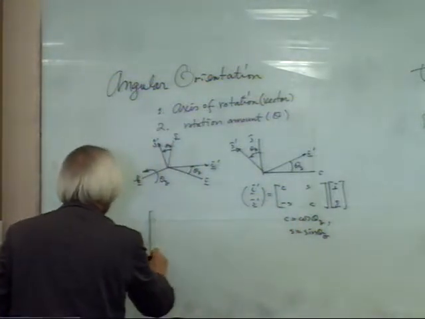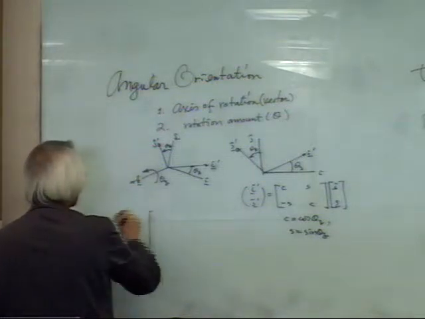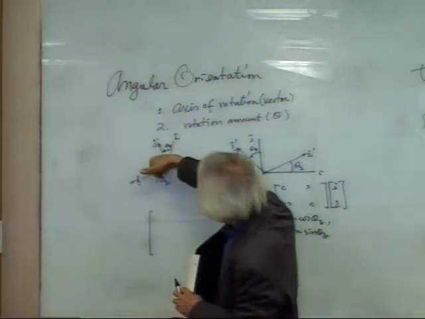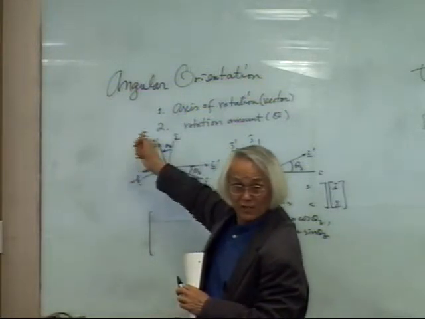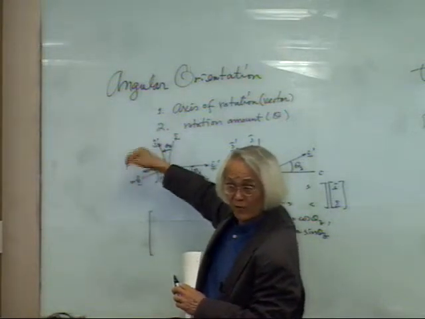So let's say, in this case, K was the axis of rotation. So this guy just rotated, but it didn't change. It didn't go through an angular change.